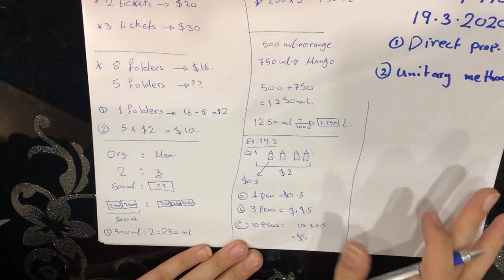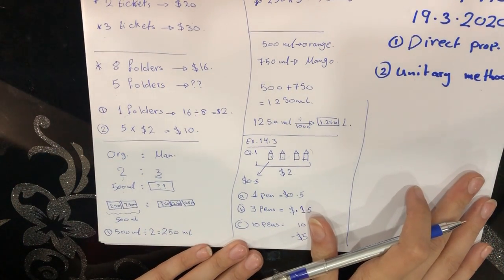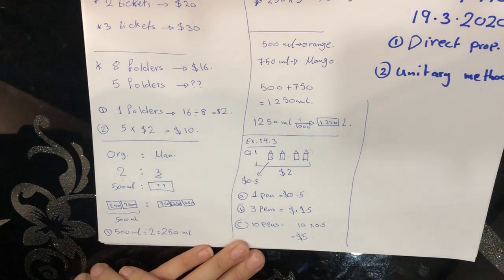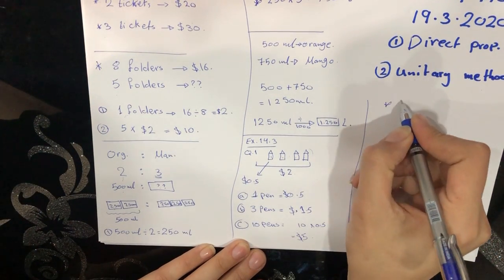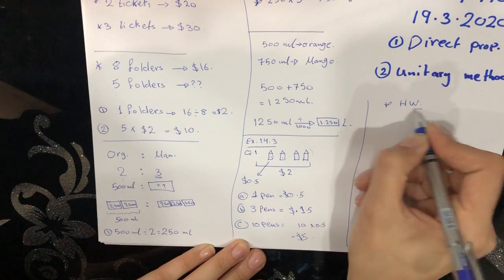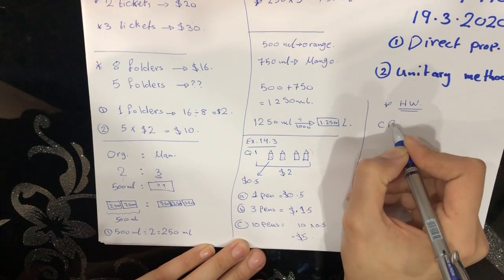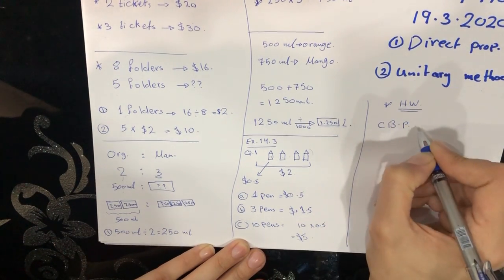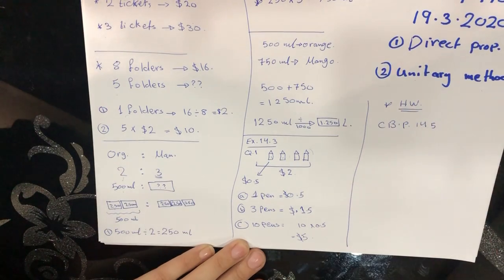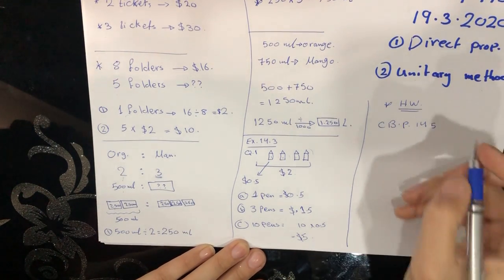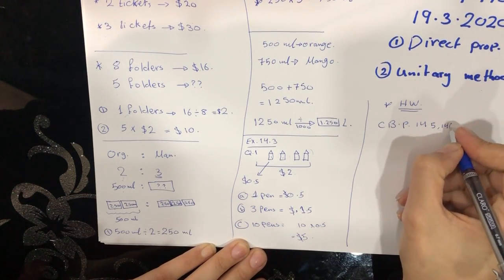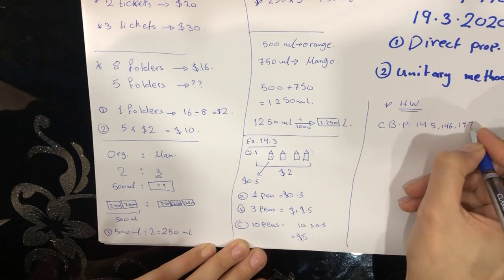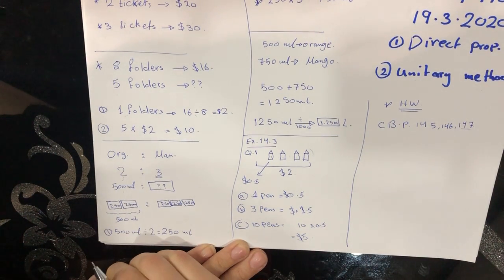For this exact lesson, your homework will be your course book, page 145 and 146 and 147. Of course, 147 is the end of unit review.